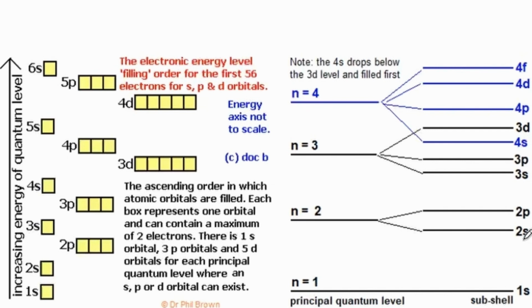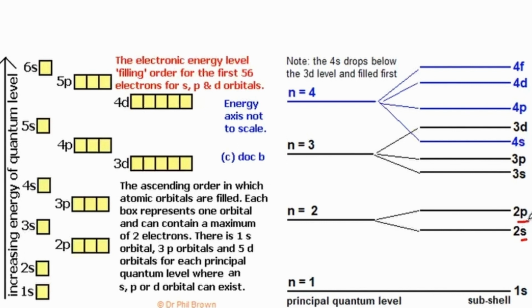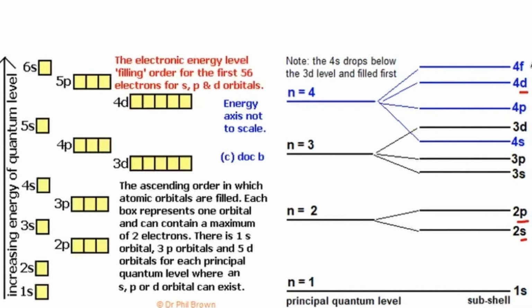And remember, for s, only 2 electrons, for p up to 6 electrons, for d up to 10 electrons, for f up to 14 electrons.